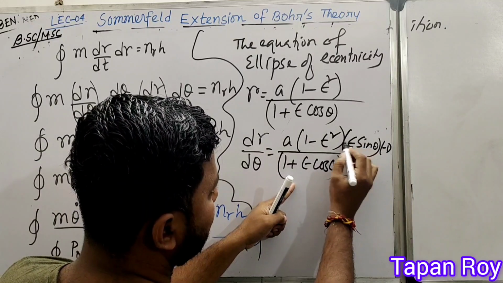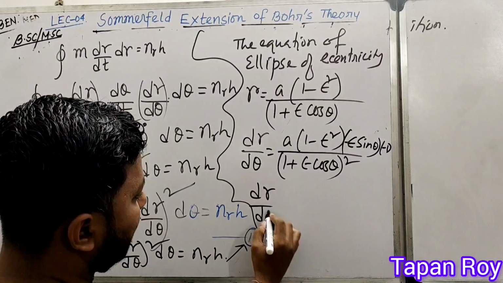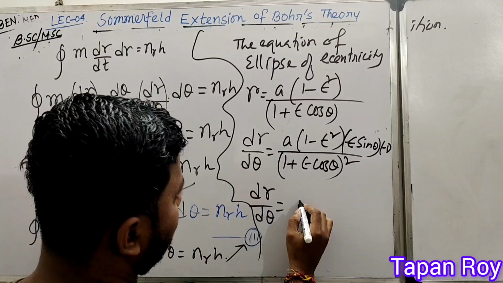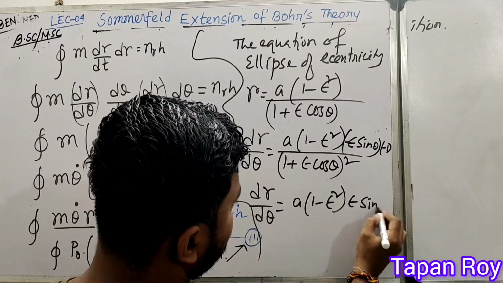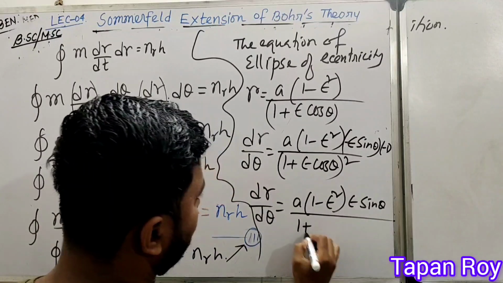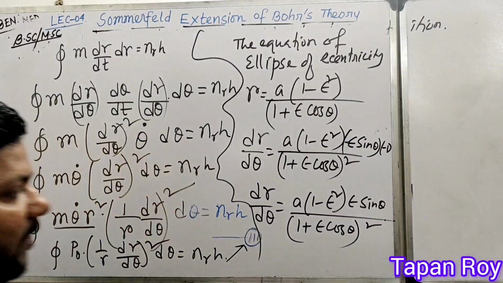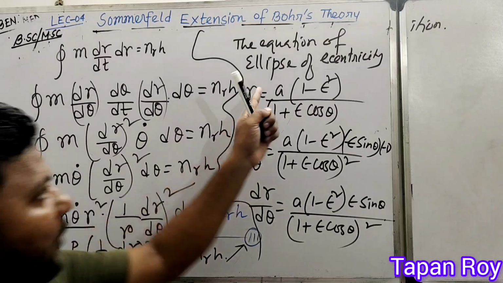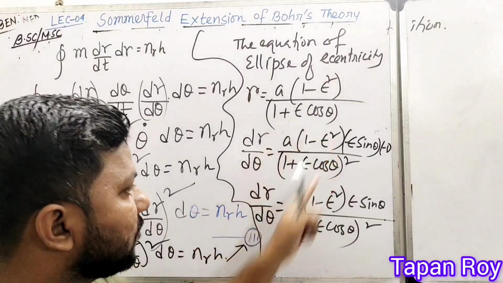So this is epsilon, this is minus 1, this minus minus plus. So ultimately dr by d theta is equal to a into 1 minus epsilon square into epsilon sin theta by 1 plus epsilon cos theta whole square. Okay, now see what is the value of r. Here r means a into 1 minus epsilon square by 1 plus epsilon cos theta.